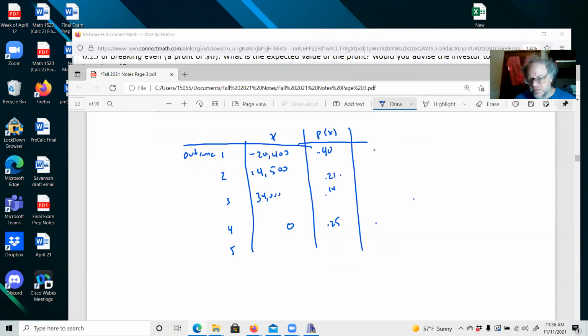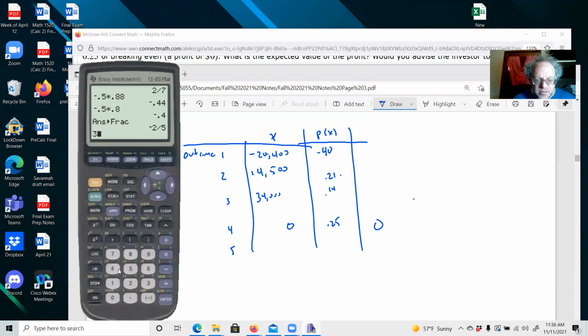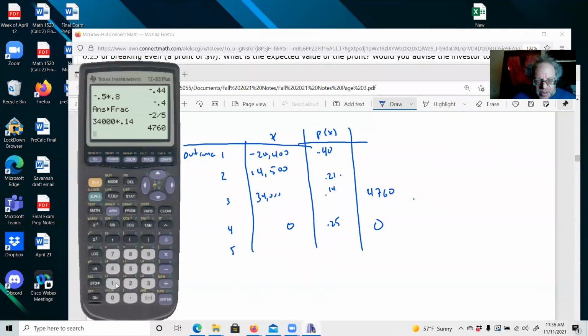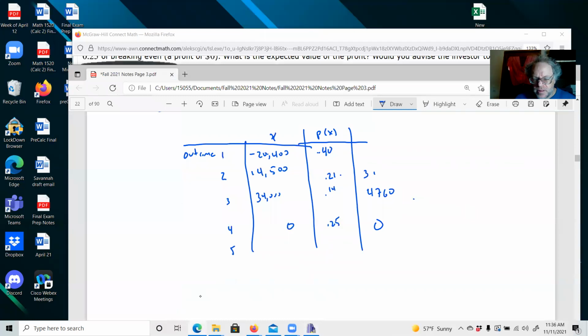I'll do this one, it's the hard one. We have $34,000 times 0.14. So this is 4,760. We have 14,500 times 0.21, and this is 3,045.